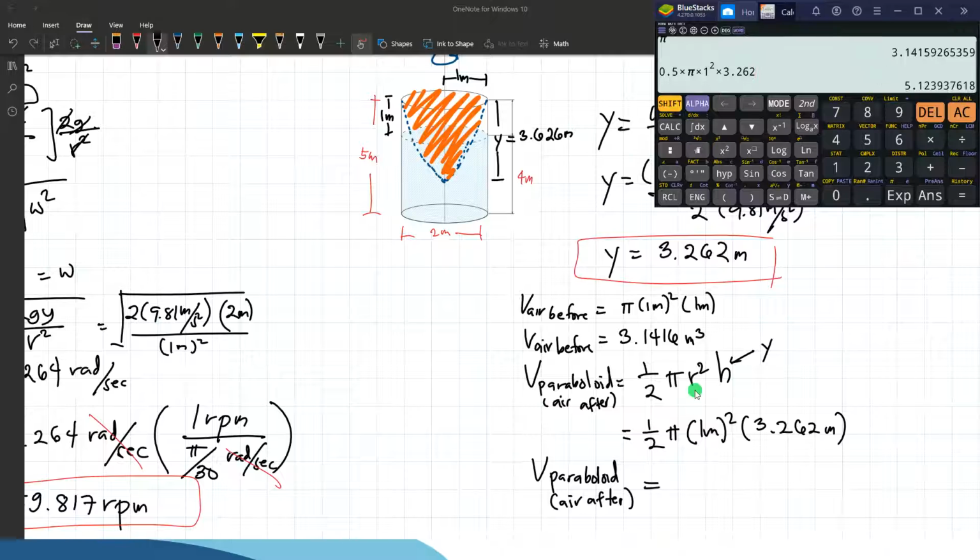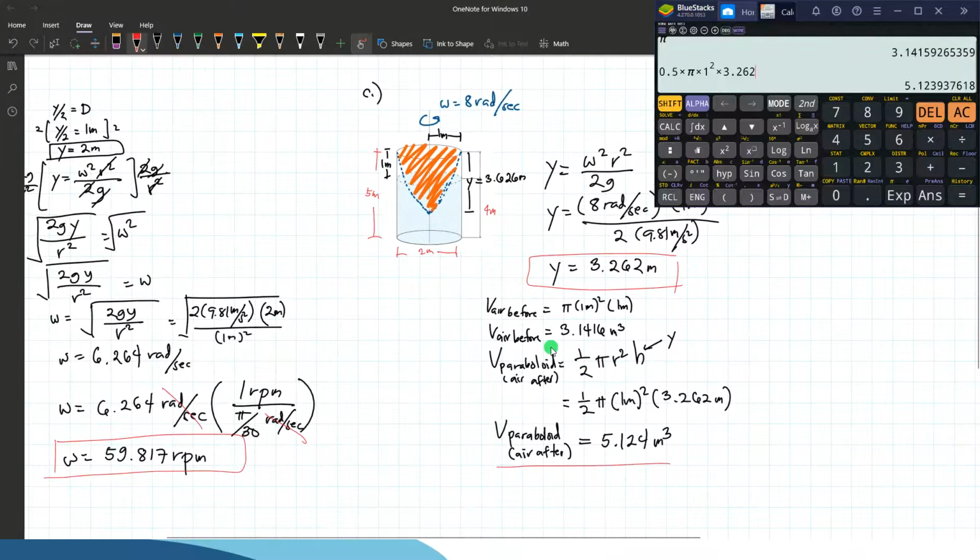The answer is 5.124 cubic meters. So this is your new volume of the air in the open container. It means the volume of air increases, so that volume of air occupied the water that is spilled from the container.